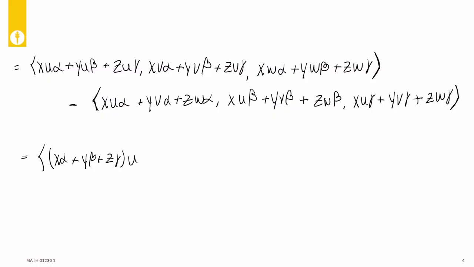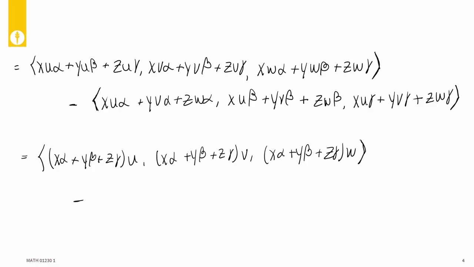First component can factor out a u. Second component, we can factor out a v. Third component, factor out a w. Second vector.